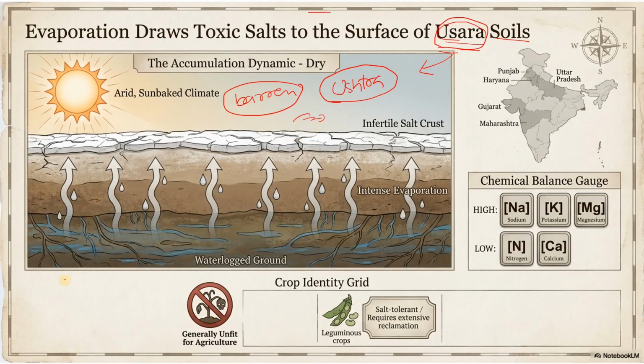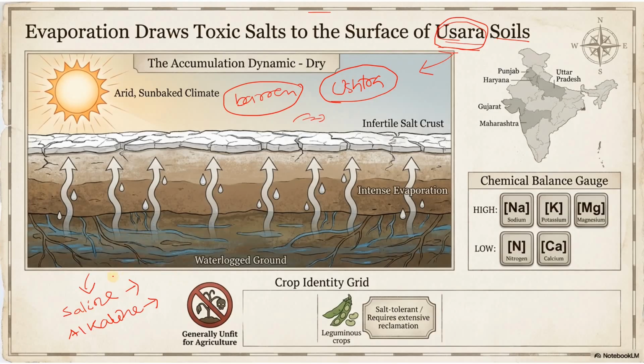So there are two kinds of soil found in India that will come under this Usara soil, that is saline and alkaline.